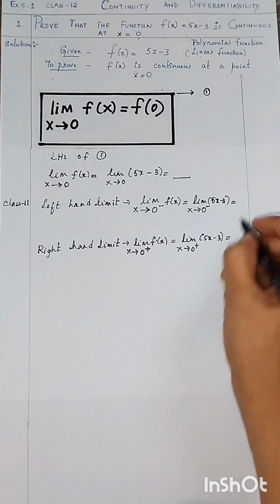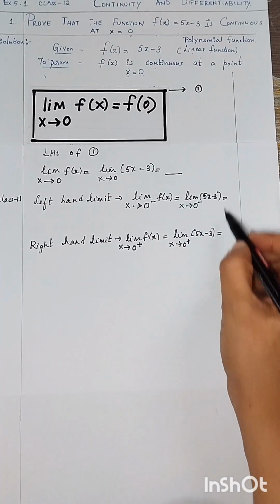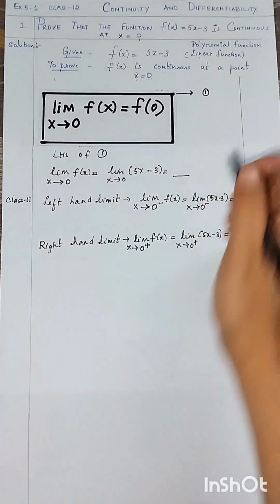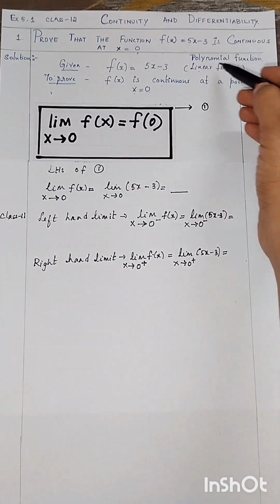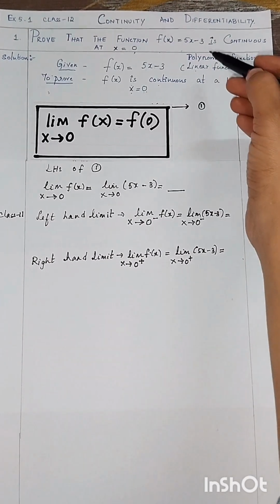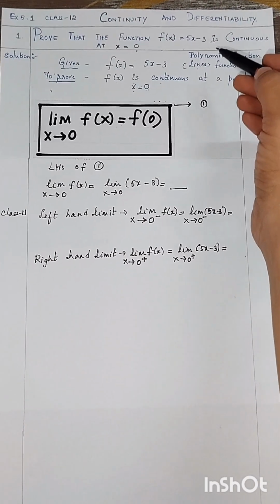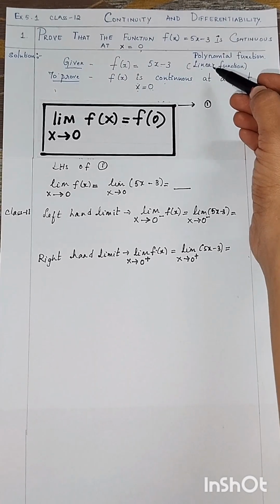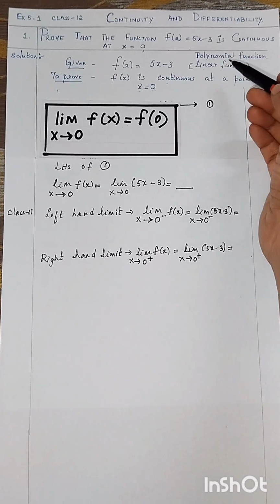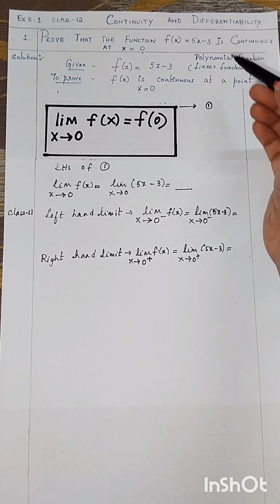Now we have to find the value of the left hand limit and the right hand limit. So we have studied that every polynomial function is continuous at a given point. So no matter what polynomial function you take, let it be linear, quadratic or any polynomial function, it is always continuous at a given point.